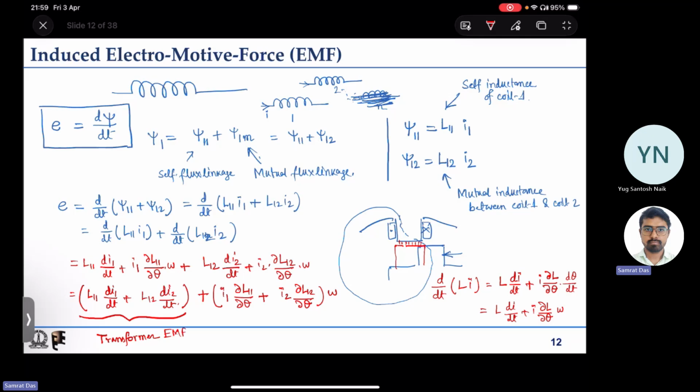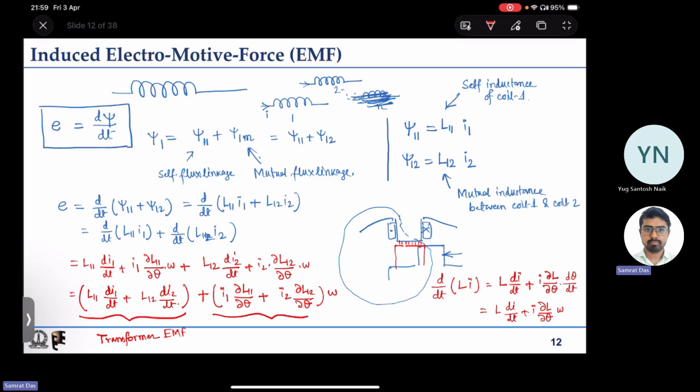There is no transformer, nothing is moving; only some current is changing, creating some di/dt, and because of the inductance there is some induced EMF in the other coil. So this term is called the transformer EMF.